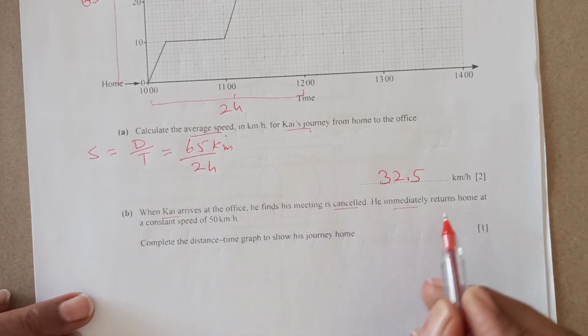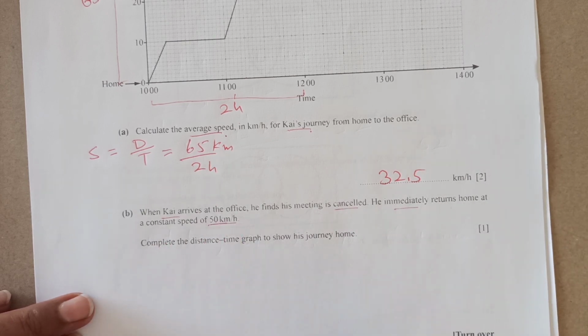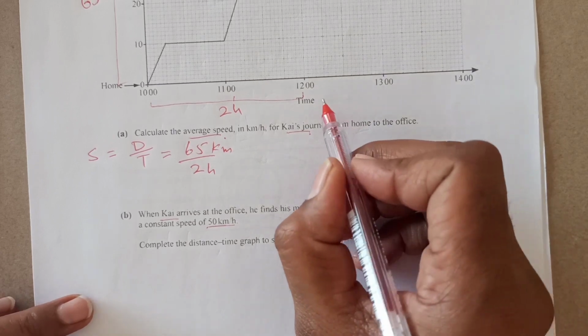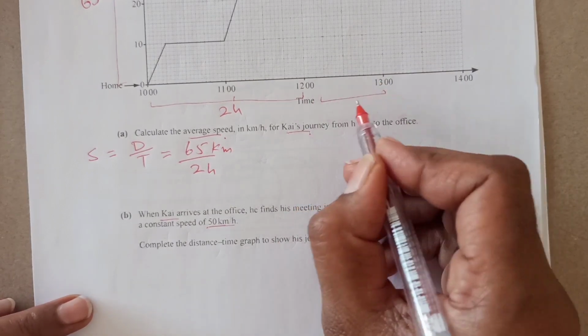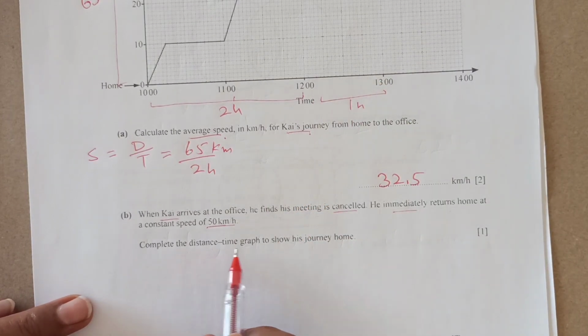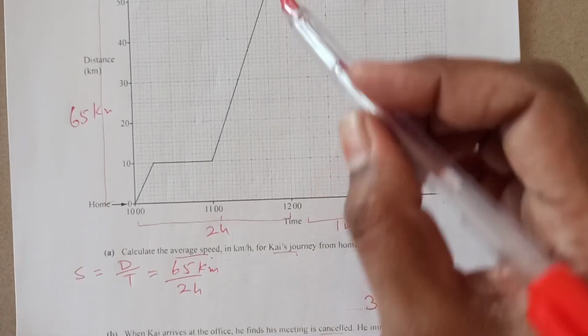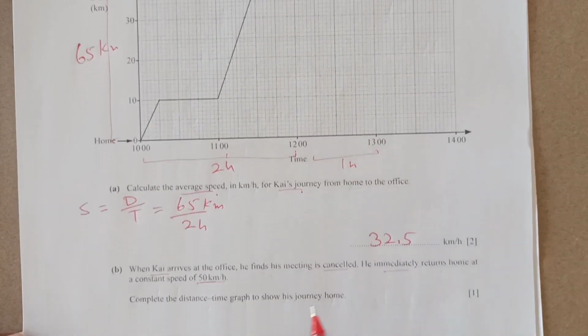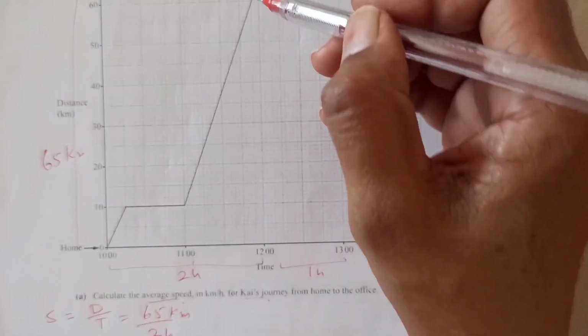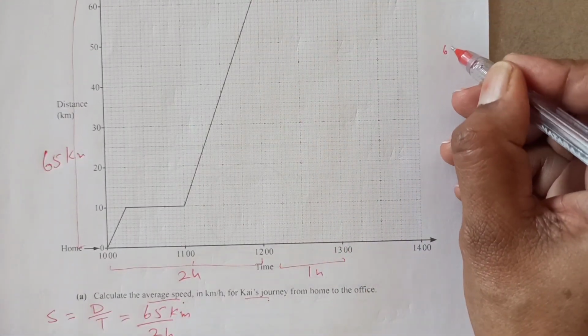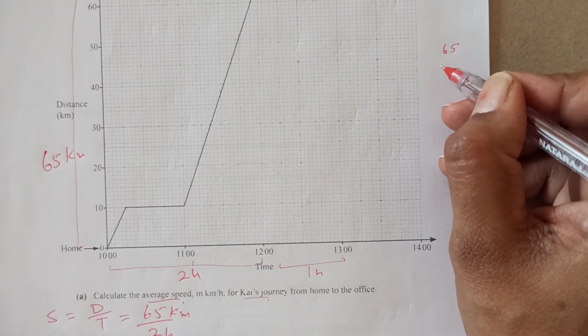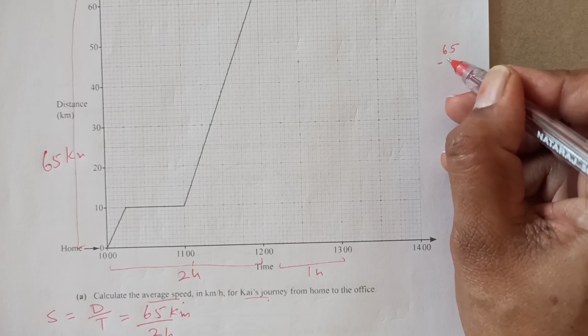Okay, now when Kai arrives at office, he finds his meeting is cancelled. He immediately returns home at constant speed of 50 km per hour. So in 1 hour this is 1 hour here, right? Complete the distance time graph to show his journey. He's coming back from here. So in 1 hour he covers 50 kilometers. So this is 65, and minus 50.